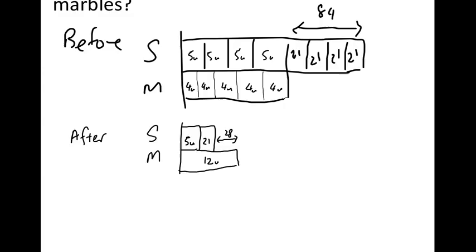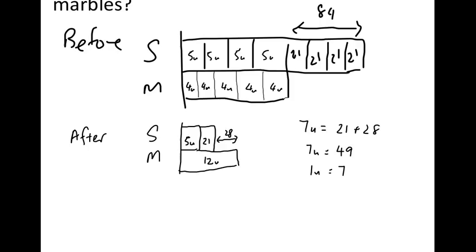Okay? 7 units equals 21 plus 28. And 1 unit equals 7. So the question is, how much did he pay for the stamps and marbles?